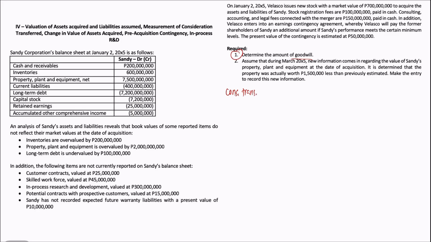In this problem, consideration transferred consists of shares with a market value of 700 million and contingent consideration with a present value of 50 million. Hence, the total consideration transferred is 750 million.